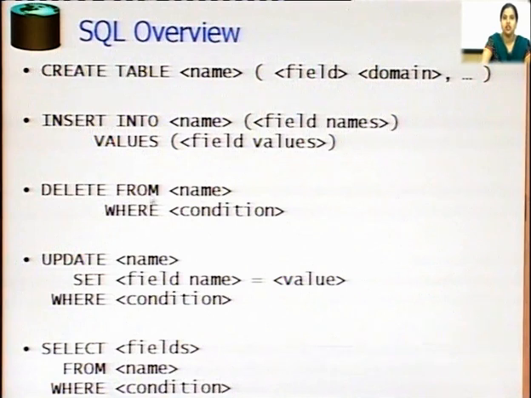Then this is the syntax to delete some data from the table. Delete from table name where condition, like where city is equal to Mohali, where name is equal to this, where age is this, to delete those types of data. Then update table name, set field name equal to value, where condition, to change or modify the data.